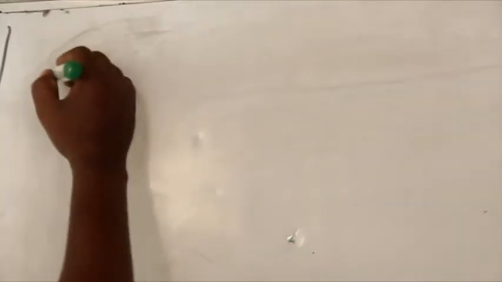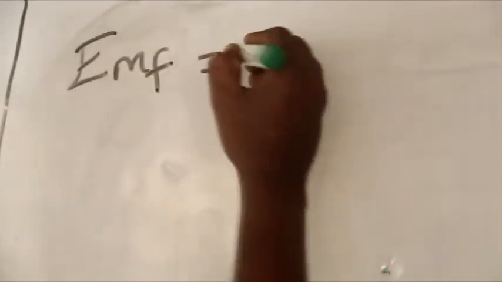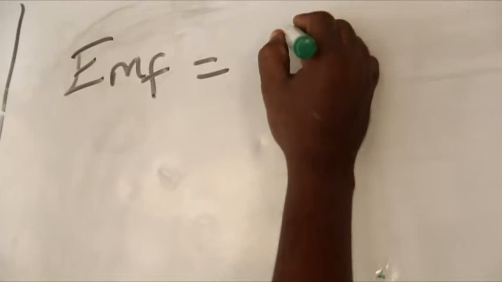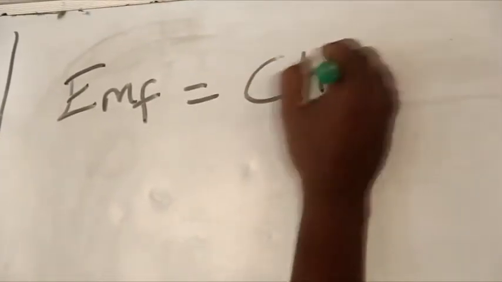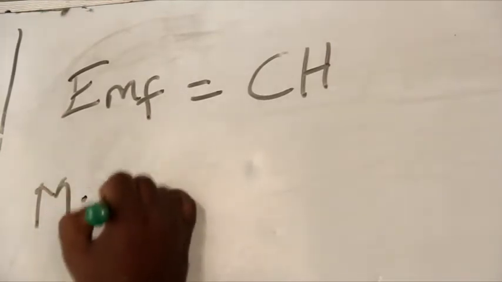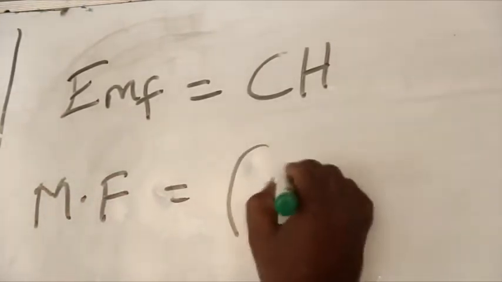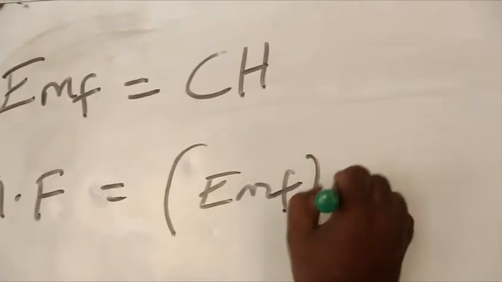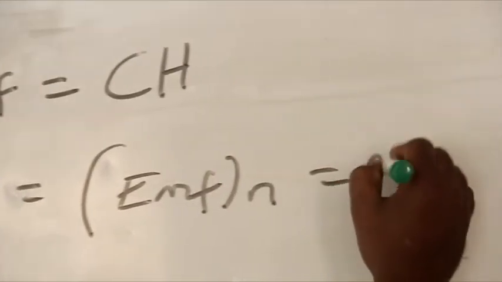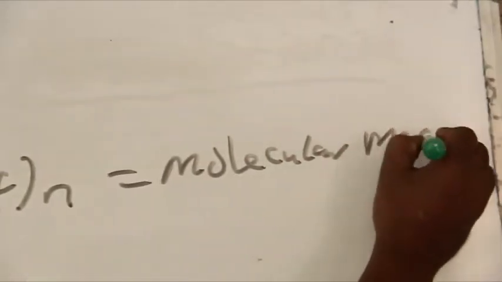Here you've already been given the empirical formula by the examiner, and it is CH. Therefore, your molecular formula will be equal to bracket empirical formula, n, equals molecular mass. This is very simple.